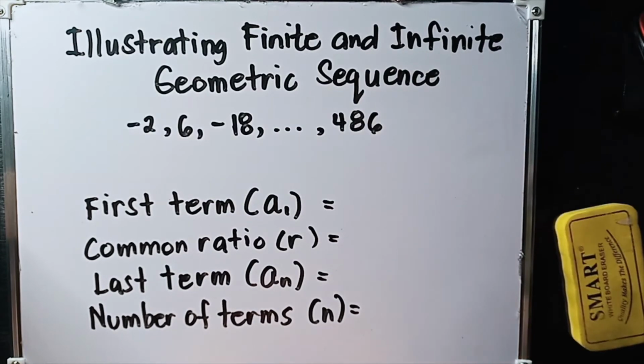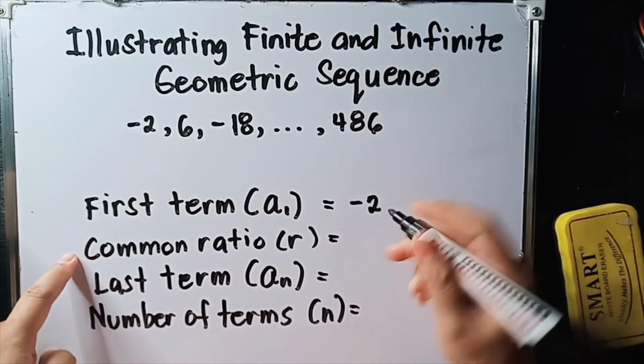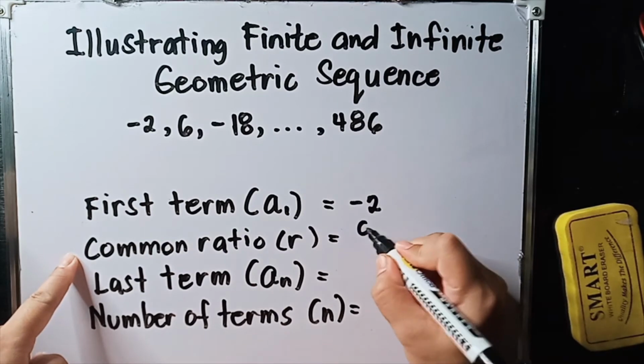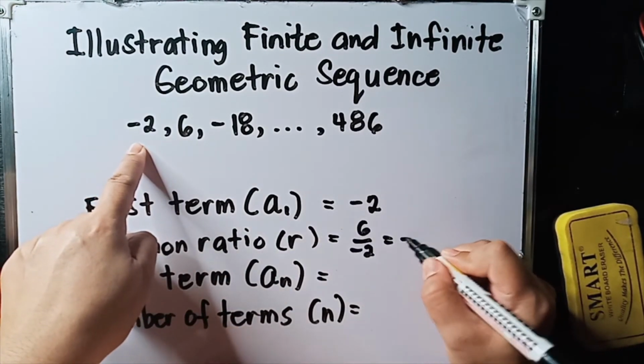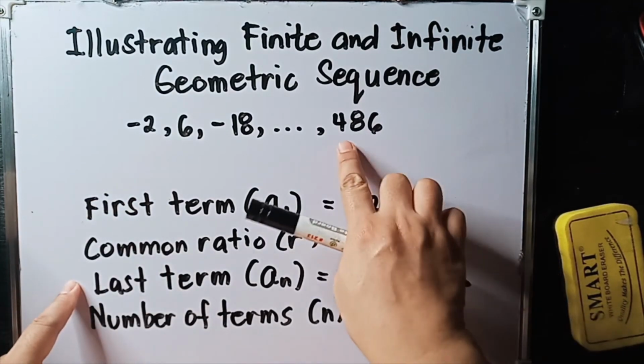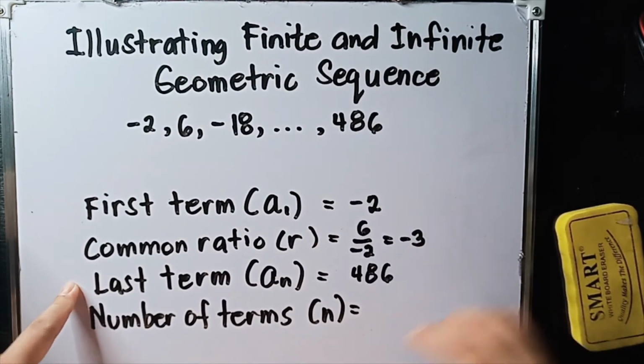Moving on with our next example, let us identify the first term of this geometric sequence. The first term is -2. The common ratio, we can get by dividing 6 by -2, which is -3. The last term is 486.